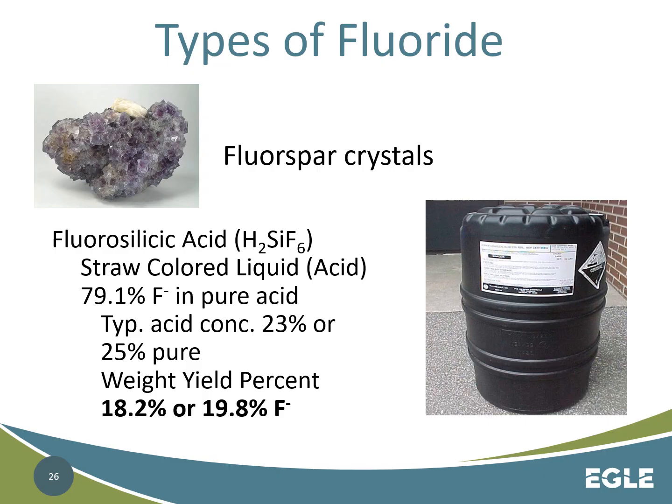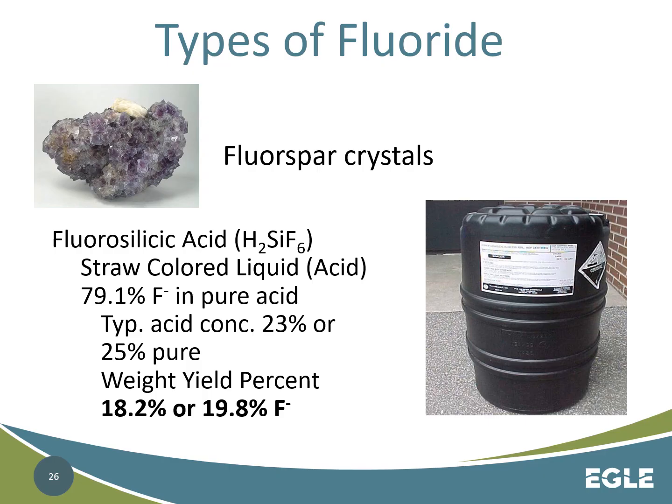But during manufacturing, the typical concentration that's available is around 23 to 25% pure acid. Say you have a barrel of this solution, and I forgot to say that it's 23 to 25% by weight available acid.